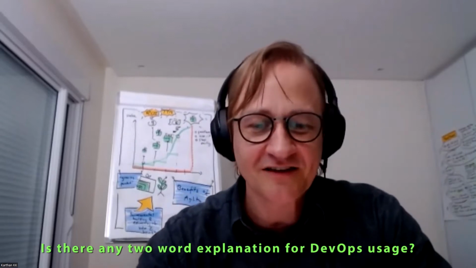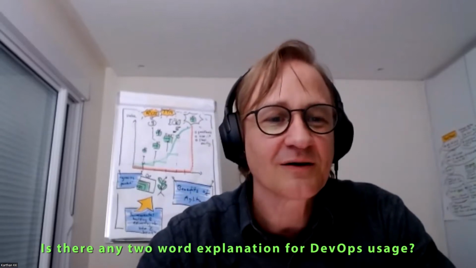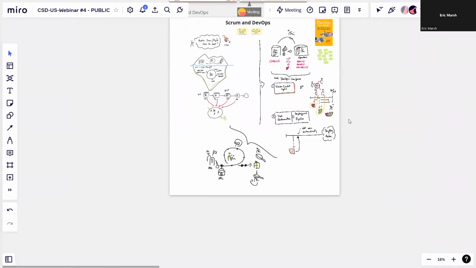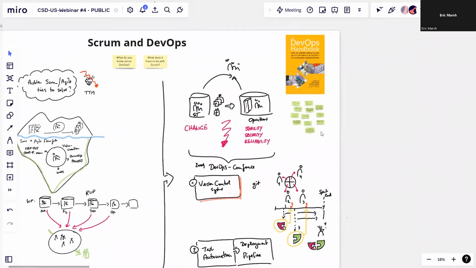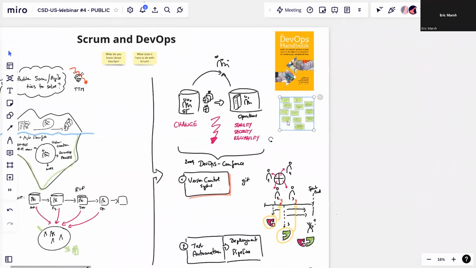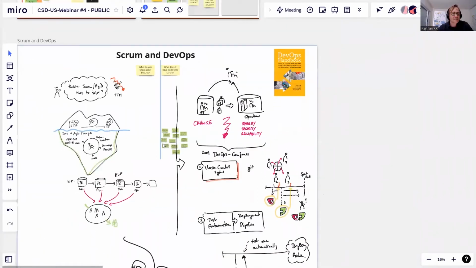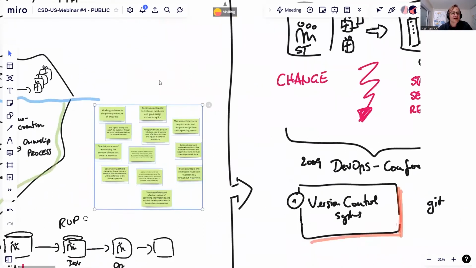And maybe another observation I prepared here. If you look at this, these are the agile principles. Let's zoom into these principles. Right.